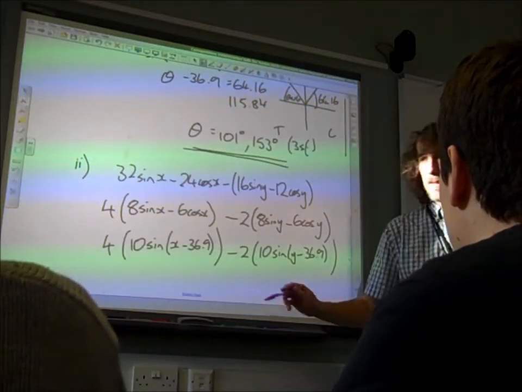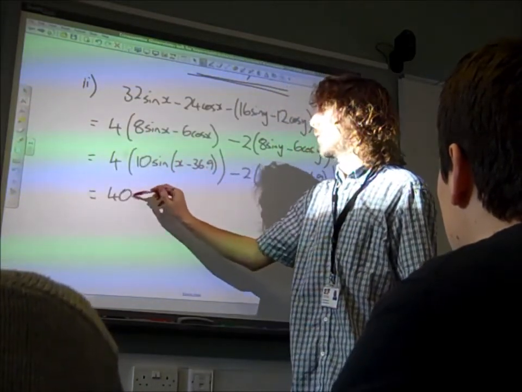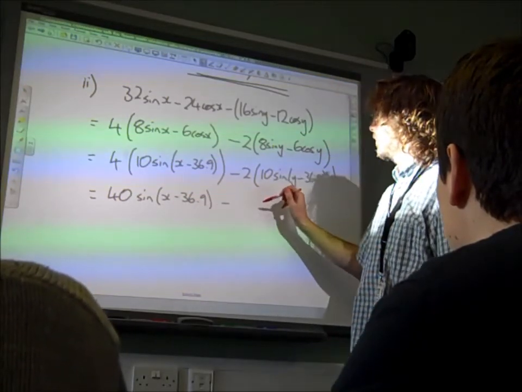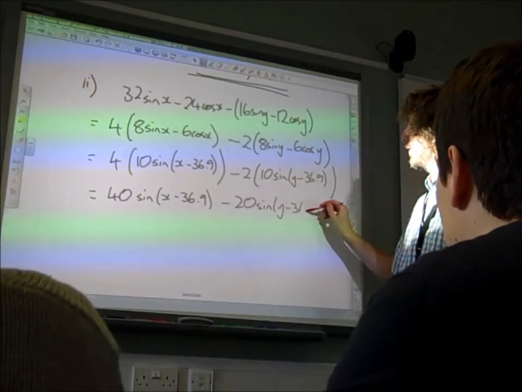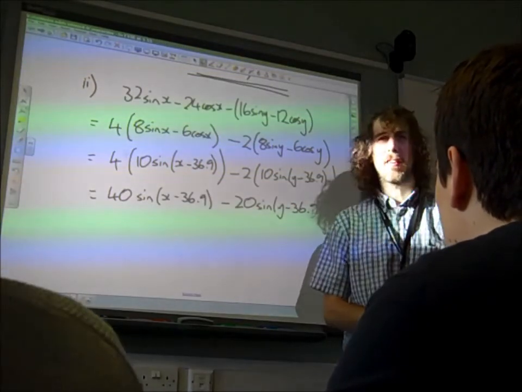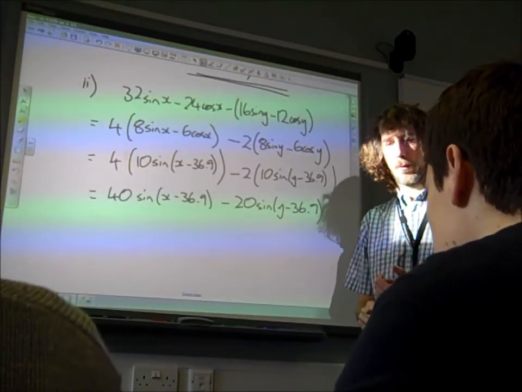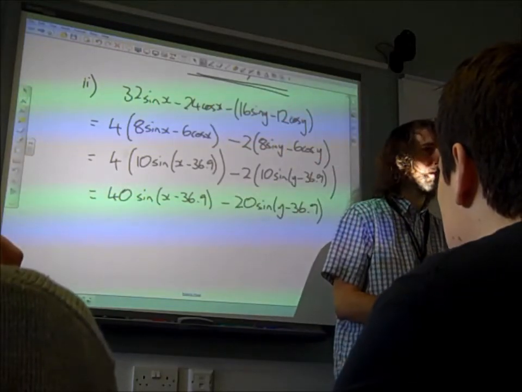So what we started with is the same as 40 sine x minus 36.9 minus 20 sine y minus 36.9. Now, as x and y vary, this will take different values, and we wanted to find the greatest possible value of it.